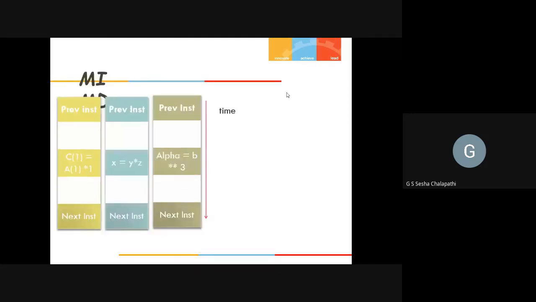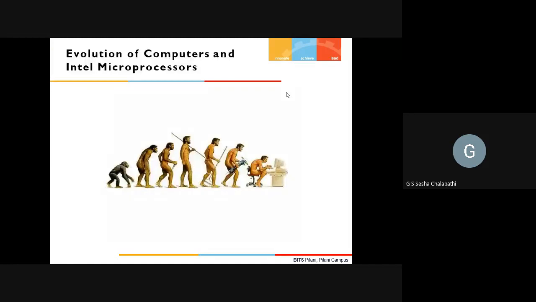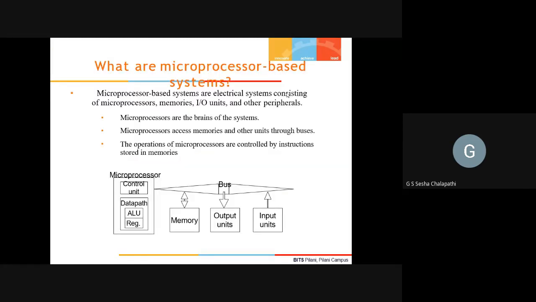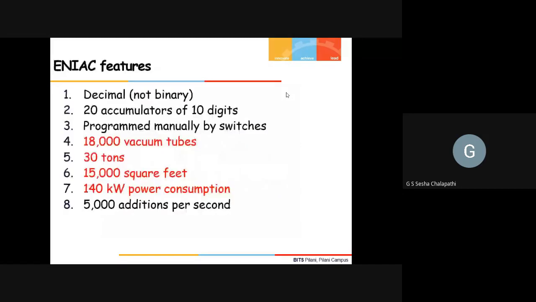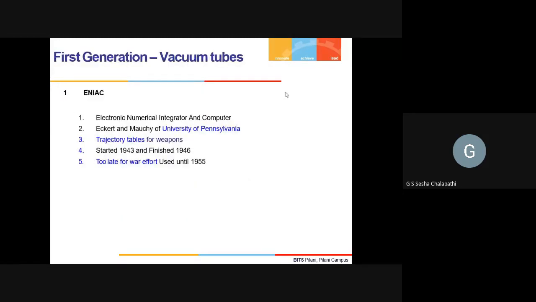Computing is not something very new to us. We have the first generation computer called the ENIAC, the Electronic Numerical Integrator and Computer, which is told to be the first computer that you have. But computing is a very old and innate aspect of humans.